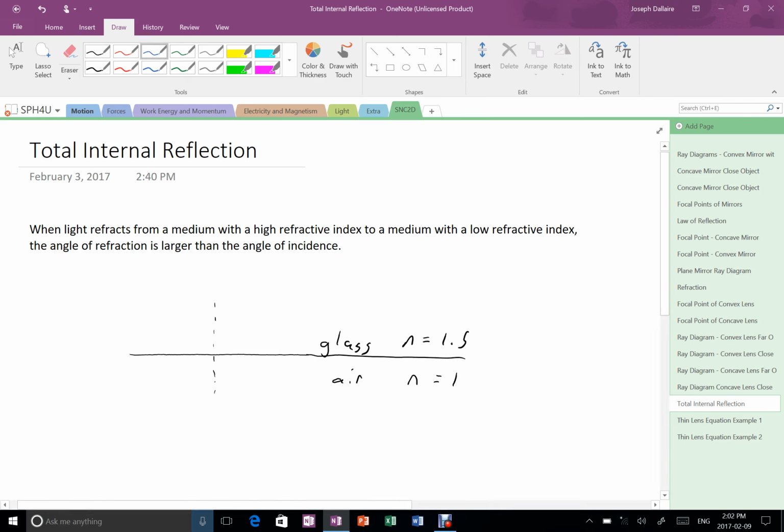So the angle the light comes in at, keeping in mind we're going from the glass to the air in this situation, this angle of incidence is smaller than the angle of refraction. Or if you want to say it the other way around, this new angle has to be bigger.